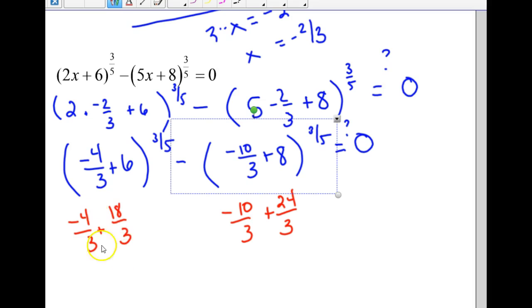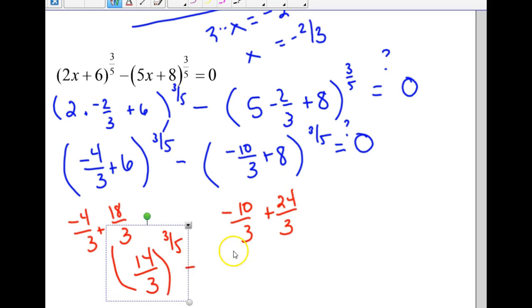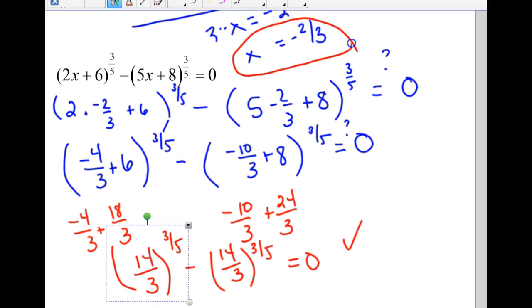So let's look. This number simplifies to 14/3. So does 14/3 to the 3/5 minus 14/3 to the 3/5 equal 0? It does. So that's my answer. x equals negative 2/3.